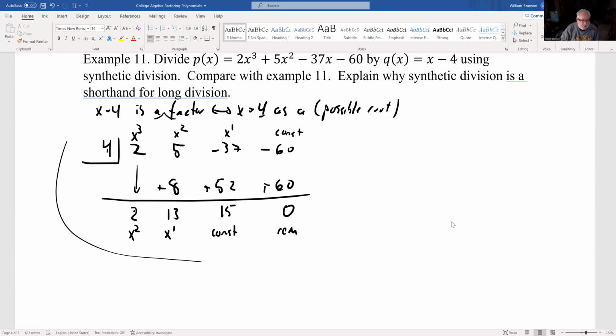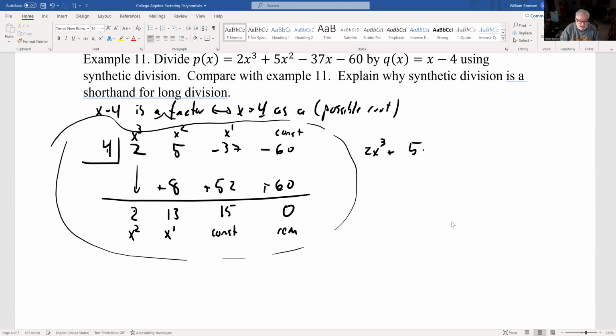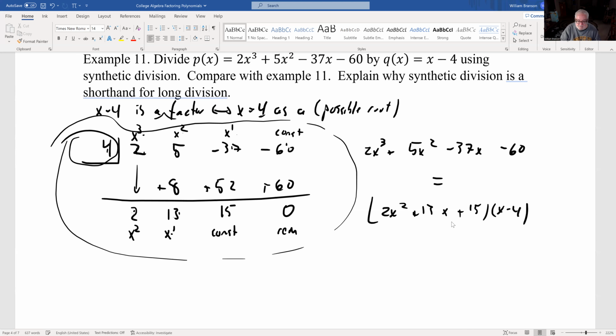So how to read this chart is to say that 2x cubed plus 5x squared minus 37x minus 60, that's this top row, is equal to 2x squared plus 13x plus 15 times our factor that we divided by, x minus 4, plus the remainder.